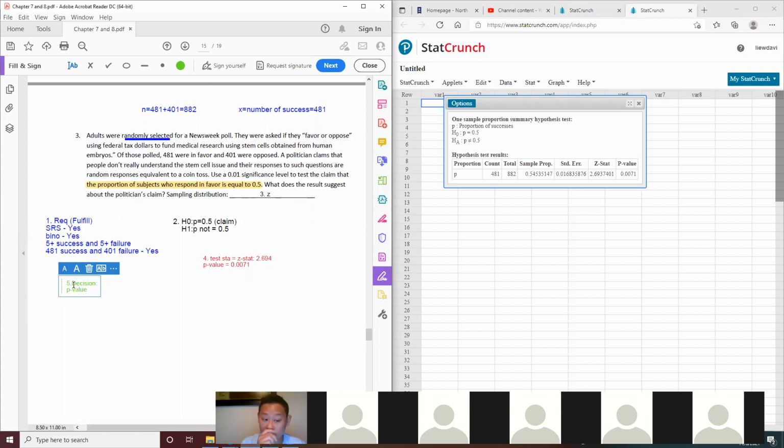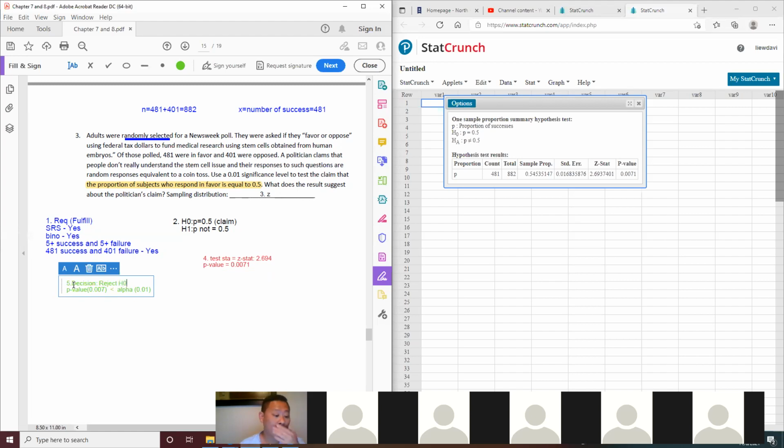The p-value in this case is 0.007, right? And alpha in this case is 0.01. So 0.007 is less than alpha. So what happens if your p-value is less than alpha? We reject the null hypothesis.